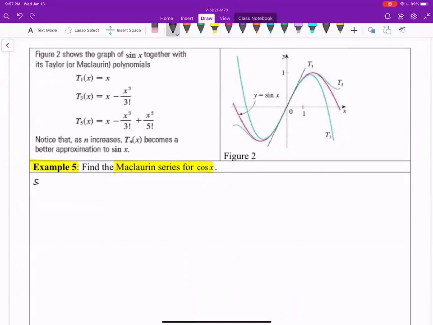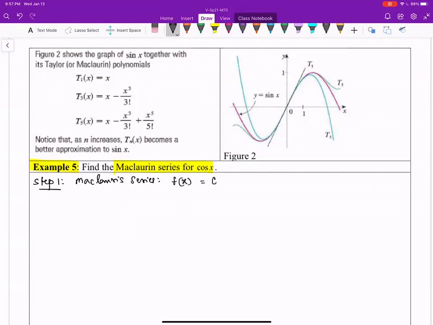So let's write down the first step and we'll write down what Maclaurin series is. It is a series centered at the origin, centered at 0.